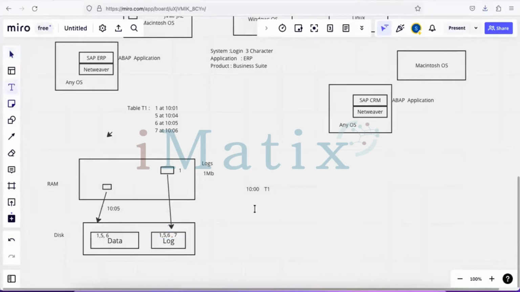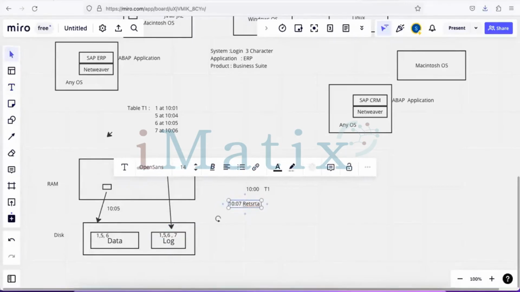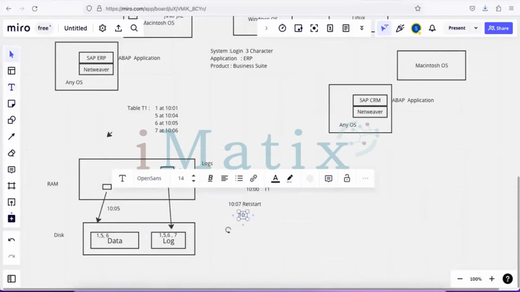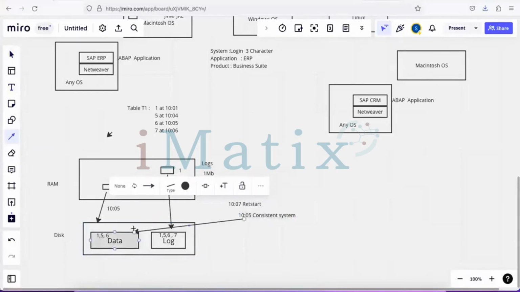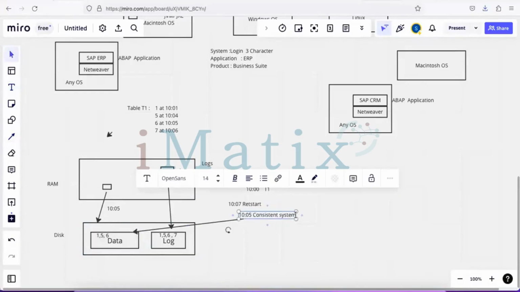Now at 10:07 you have a restart of the system. What is it going to take? The 10:05 consistent system.